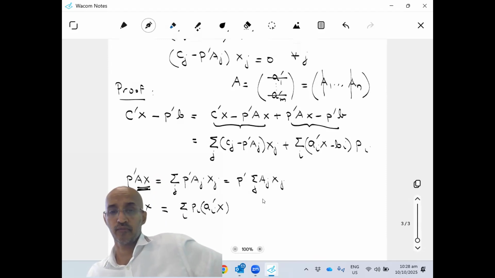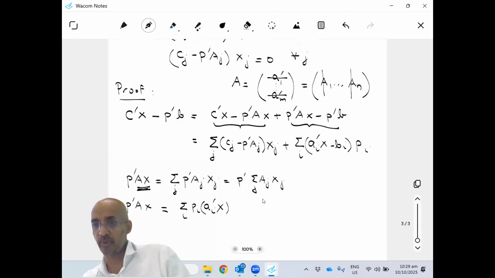Anything here which is unclear? I can spend a bit more time. In this part, pi is the ith component, so it's a scalar. What I'm doing here is writing p transpose Ax.